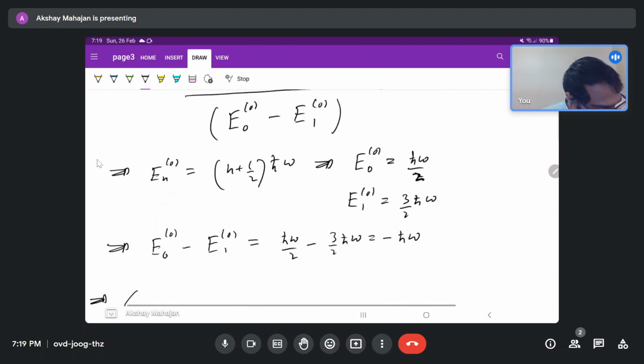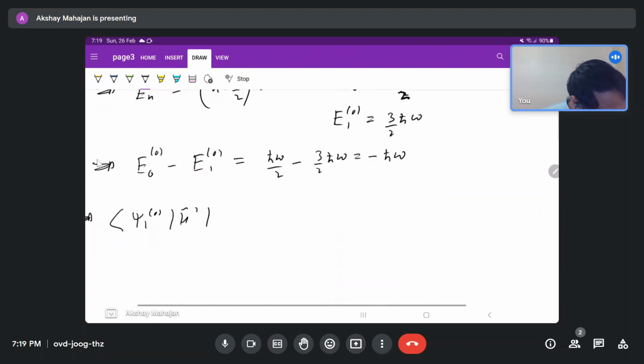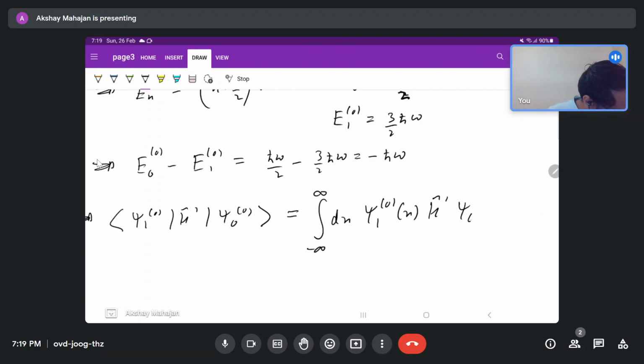So the matrix element will be the dx integration, let me first write it from minus infinity to infinity, of psi 1 of the 0th order H cap prime psi 0 of the 0th order of x.